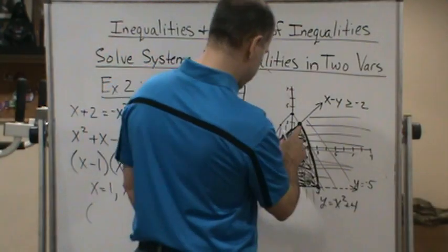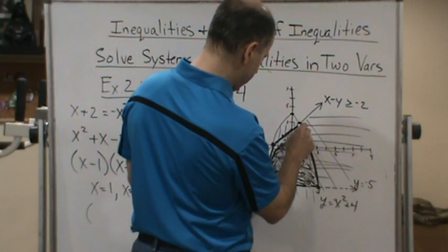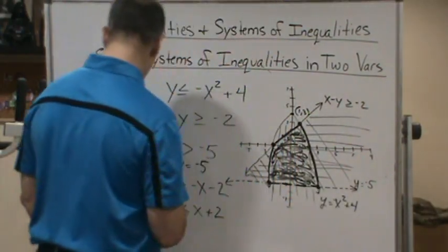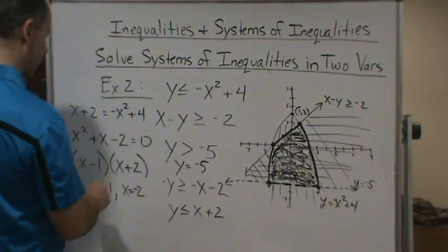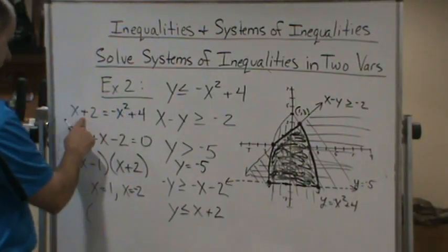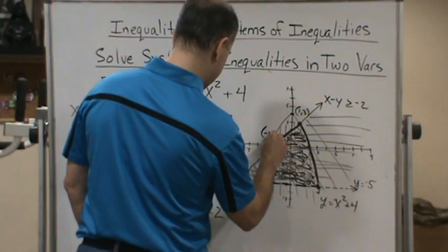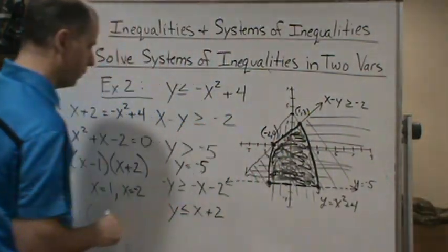Oh, right here. So yeah, 1, 3 is right here. So that's going to be 1, 3. And then the other one is at -2. So when we plug in -2, we get 0, which is right here. So we get -2, 0. So those are the 2 points.